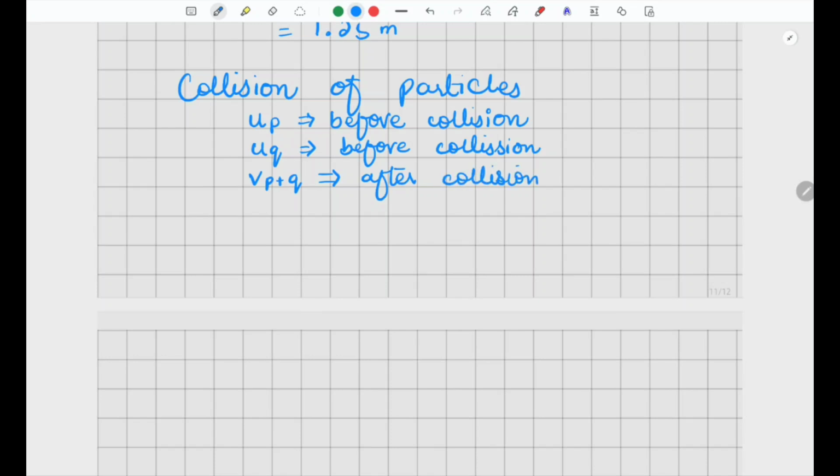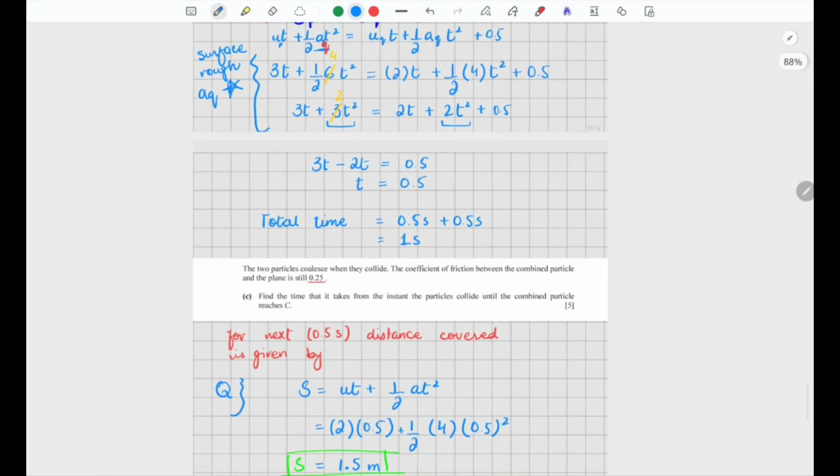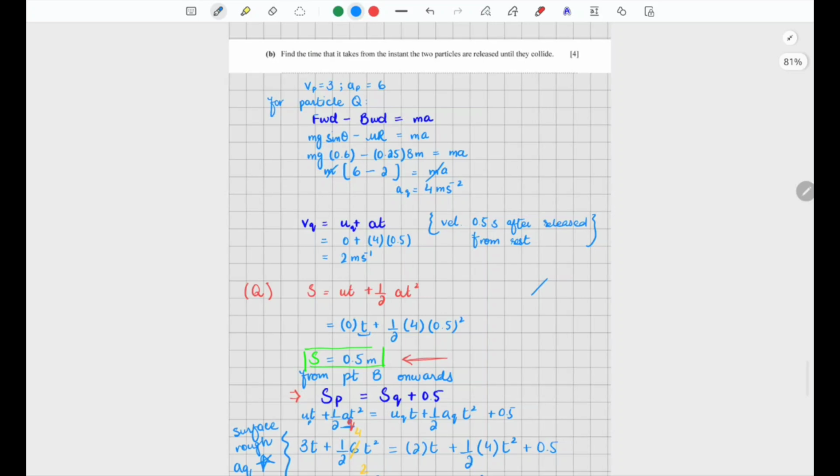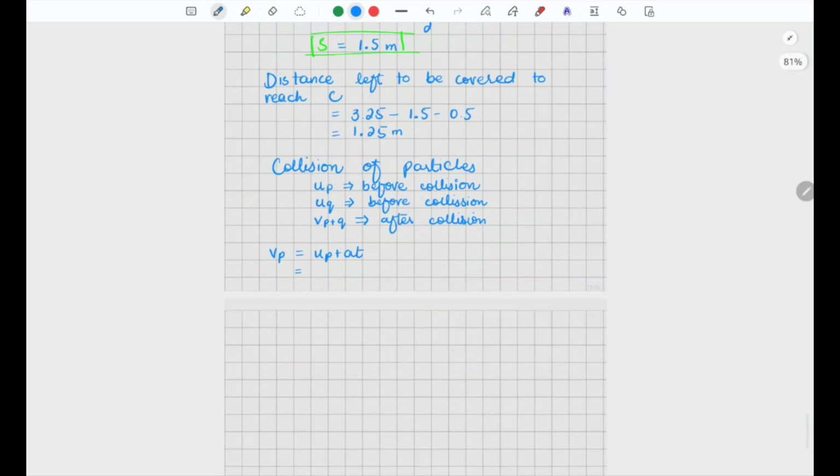So for the first one, Vp equals Up plus At. Obviously, we are taking this to be Vp because we had some initial velocity as well. So now just before colliding, we are taking it to be Vp. Initially the velocity of P was 3, and the velocity of Q was 2.